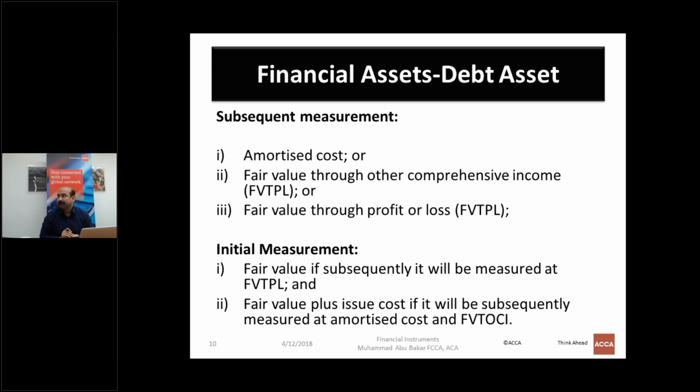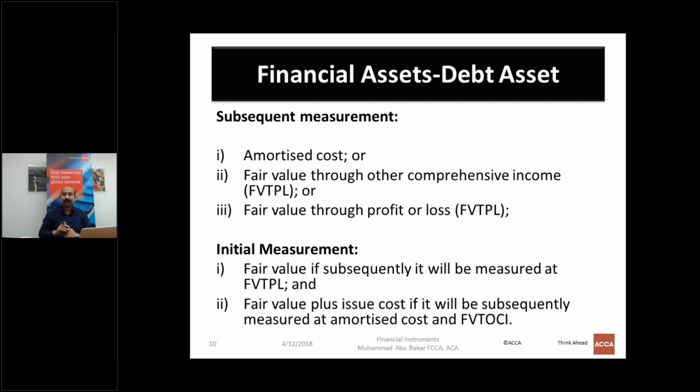I repeat it again. On initial measurement, you will be recognizing your financial asset, which is a debt asset, at fair value. What is fair value? Fair value is basically the consideration given. But what is the exception? The exception is if the consideration given is something other than the financial asset, anything other than cash or other financial asset.